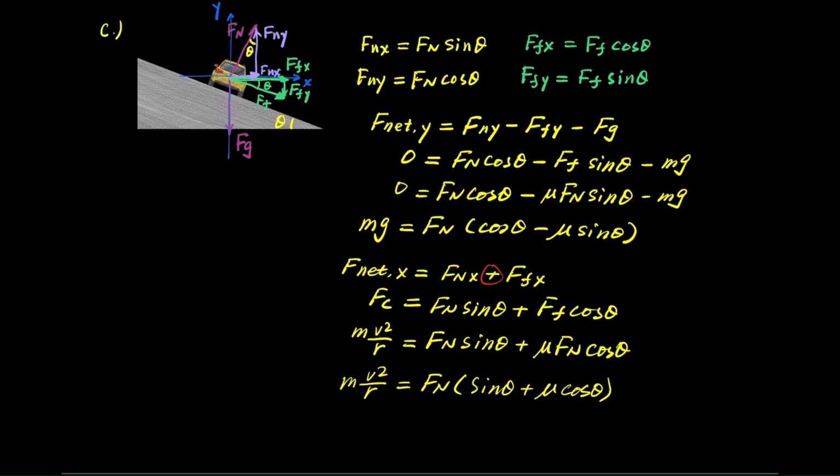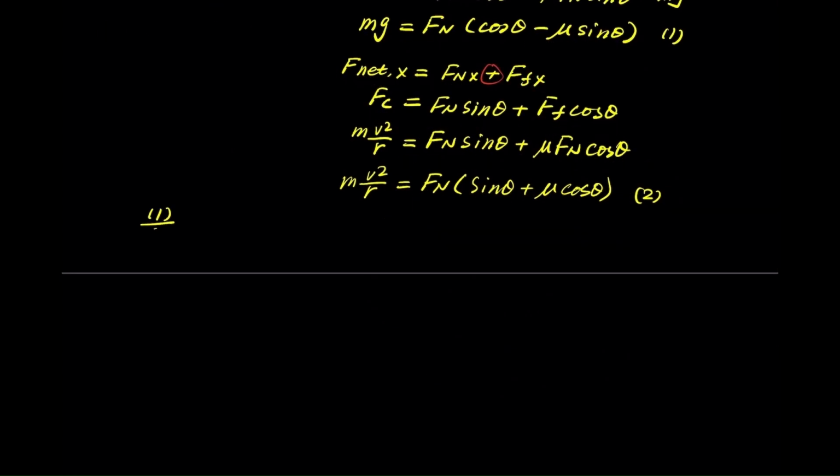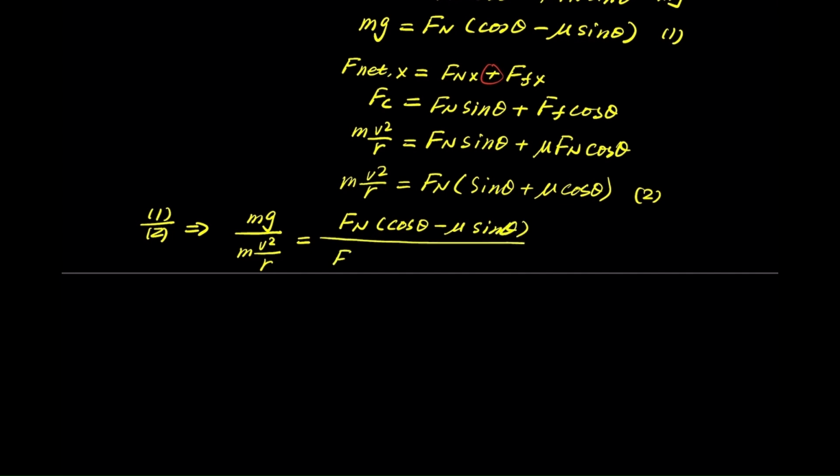Again, just like what we did before, we simply divide equation 1 by equation 2, right? So we divide equation 1 by equation 2, and on the left side we get mg divided by mv squared over r. And on the right side, we have Fn times cosine theta minus mu sine theta over Fn times sine theta plus mu cosine theta.